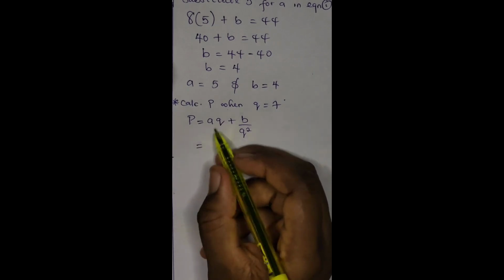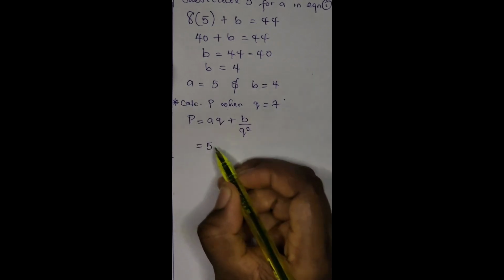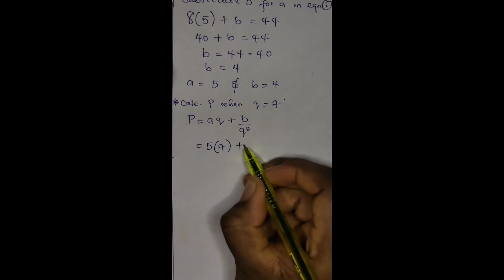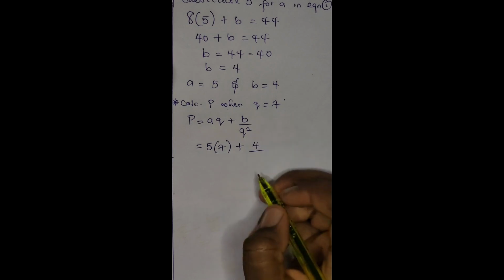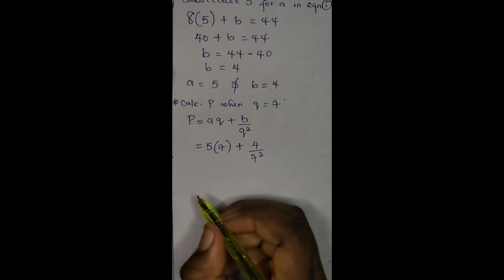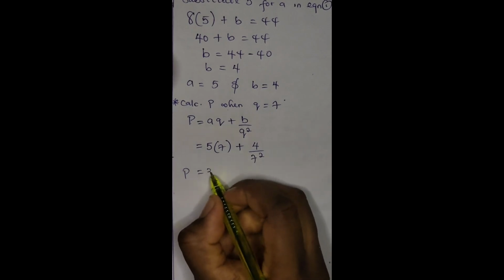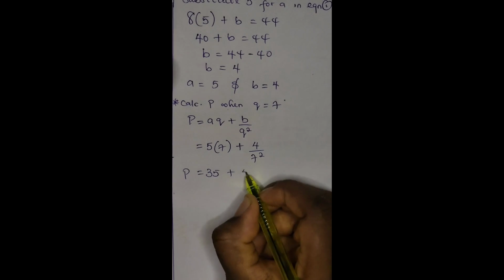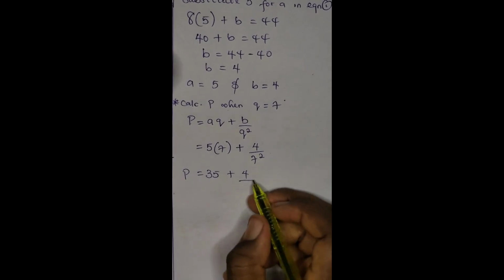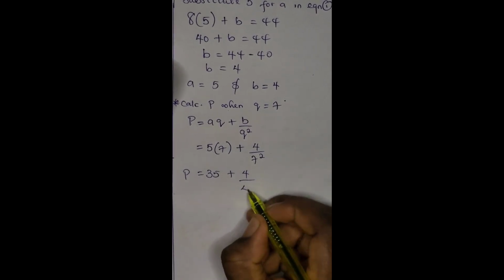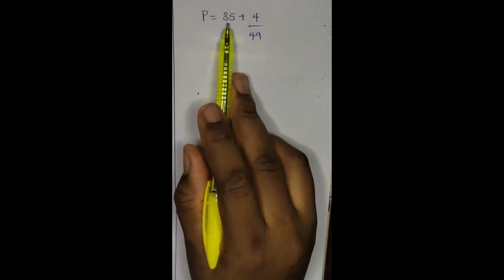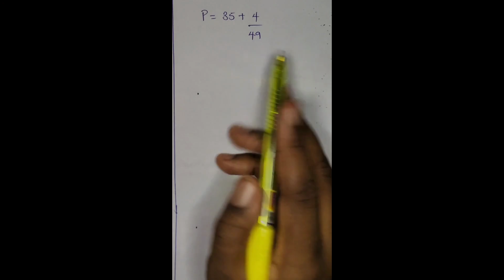Remember, a is 5, so we have 5 times 7 plus b, which is 4, over q squared, which is 7 squared. So p is equal to 5 times 7, which is 35, plus 4 over 7 times 7. That's 7 squared is 49. So we have p equal to 35 plus 4 over 49.